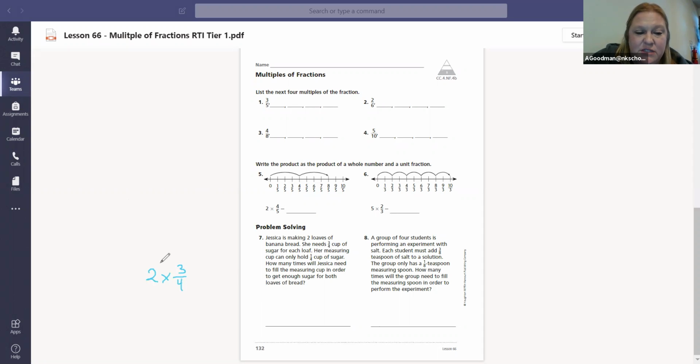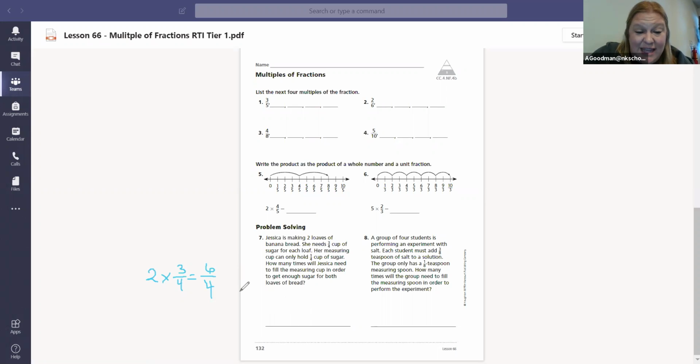2 times 3/4. Multiplying the whole number and the numerator gives me a 6, keeping the denominator the same gives me 4ths. So we have 6/4, right? If we have 1/4 cup, we need 6 of them.